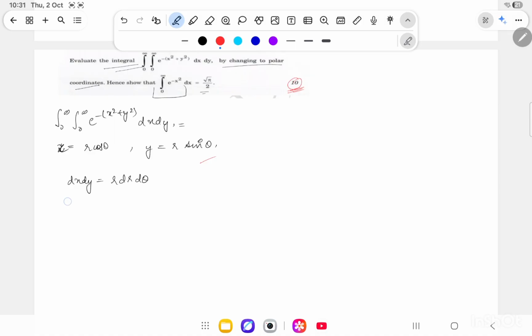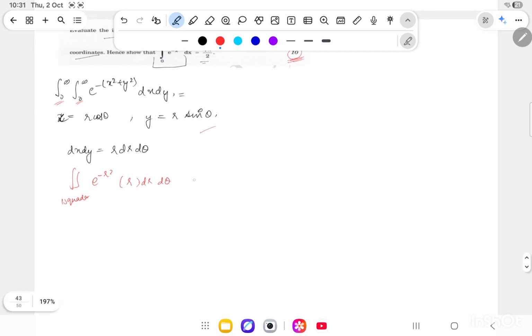So the integral will reduce to an integration over the first quadrant, as our x is varying from 0 to infinity and y is also varying from 0 to infinity, of e raised to minus r square into r dr d theta.